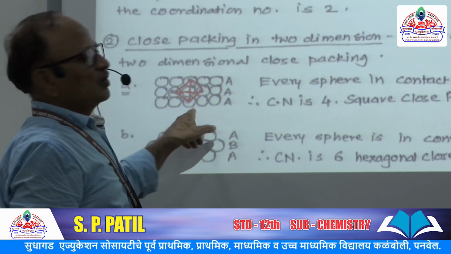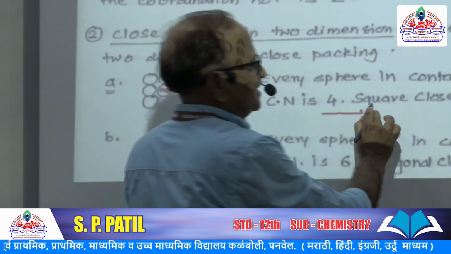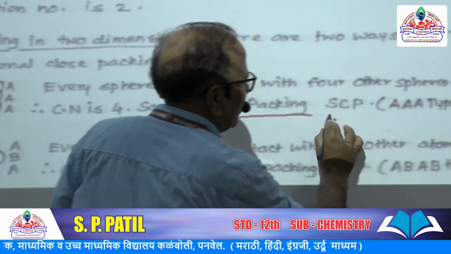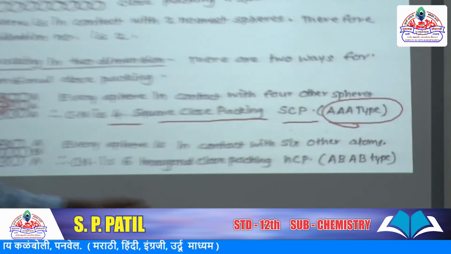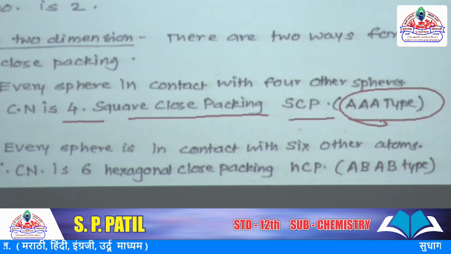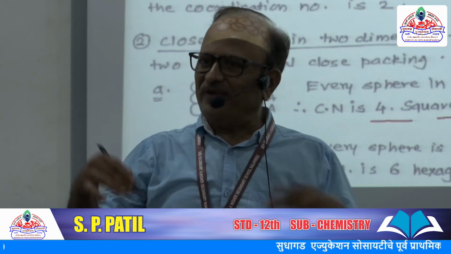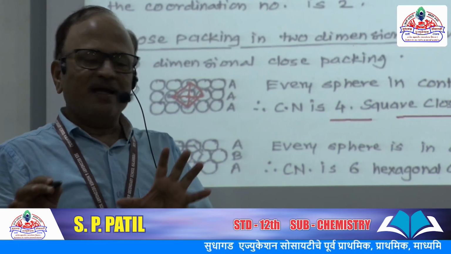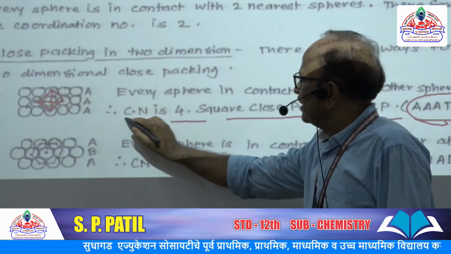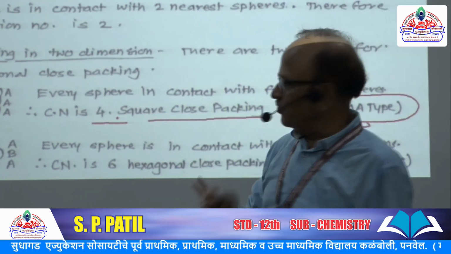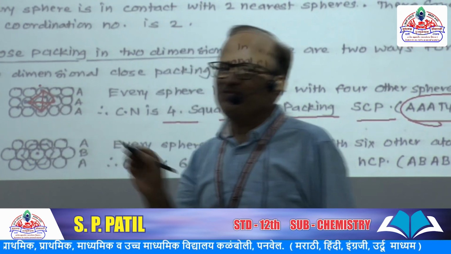So the coordination number of this type of packing is 4, and this packing is called square close packing or SCP, or it is also called AAA type of arrangement, because the A layer, its second layer is also A type arrangement, and the third layer is also of A type arrangement. So by AAA type arrangement we get coordination number 4. Why 4? Because this particular atom is directly touching these 4 atoms.